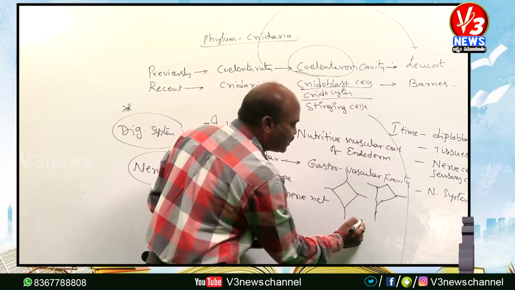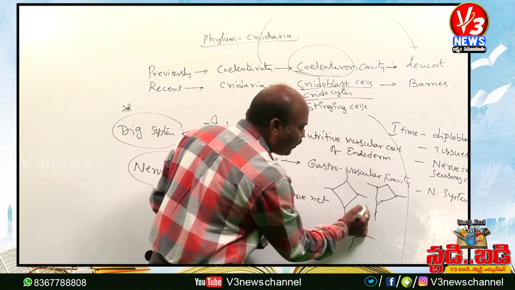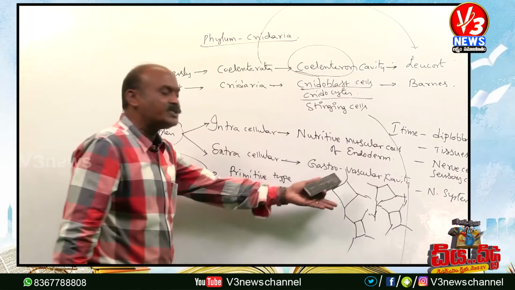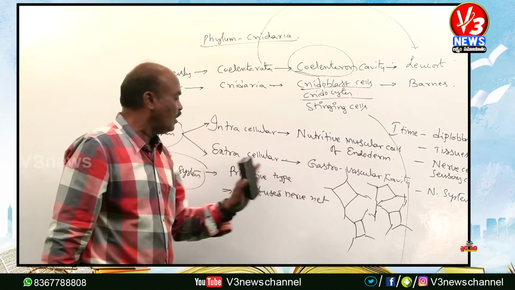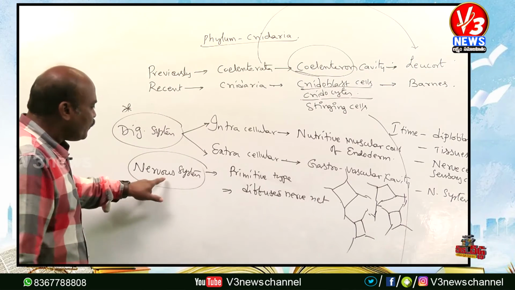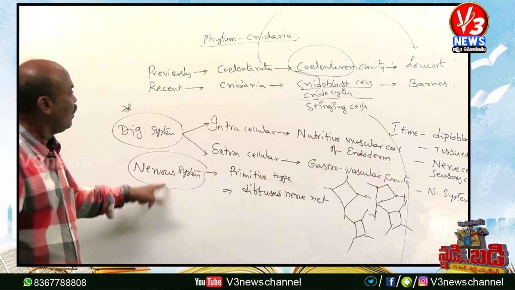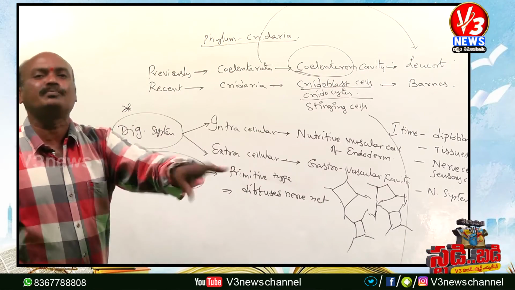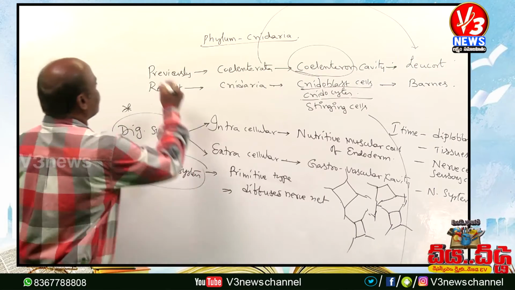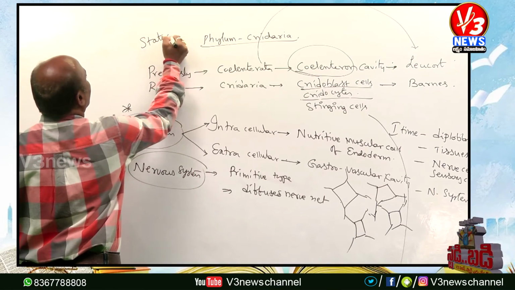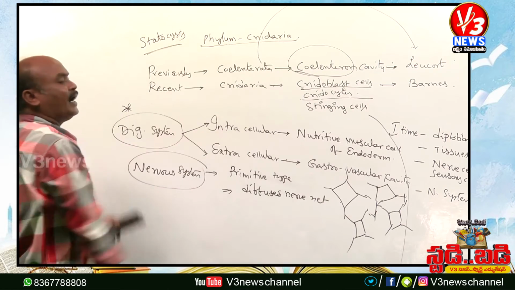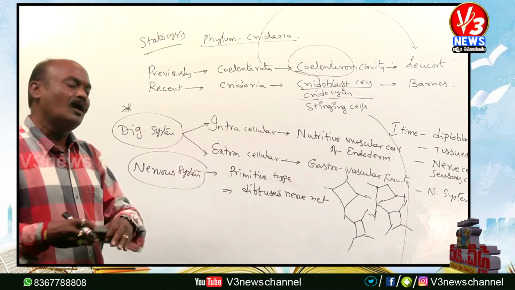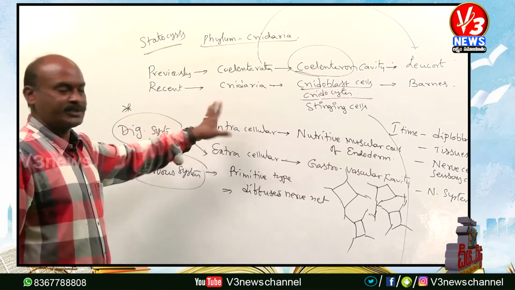These are nerve fibers. One nerve fiber is connected to another, forming a net-like structure, that is the diffused nerve net. So first time the nervous system appeared, first time sensory cells appeared. Some sensory structures are also present. What are those? Statocysts. They appear in the medusa form, which is one of the sexual forms in Cnidarians.